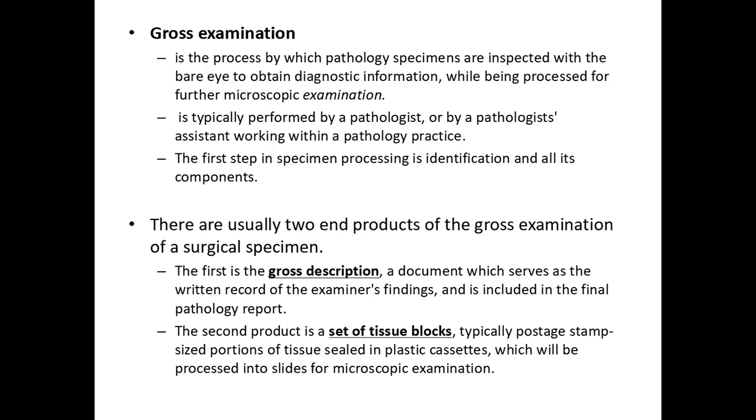For example, if you receive a uterus, is that really only a uterus? It can have other small organs or tissues attached to it, like the fallopian tubes, the ovaries, the cervix, or even the vaginal canal. There is still a part there, so you need to take note of that also.